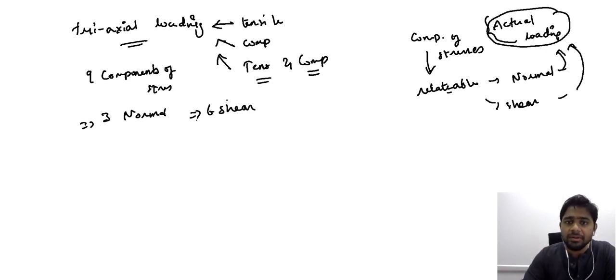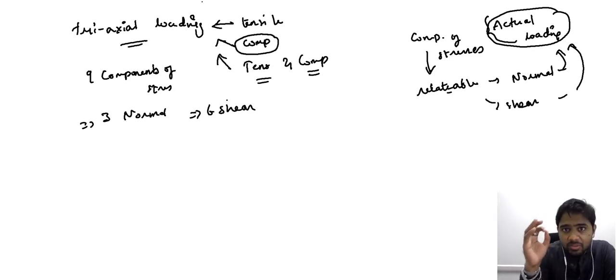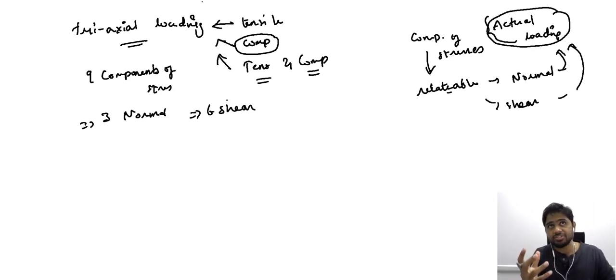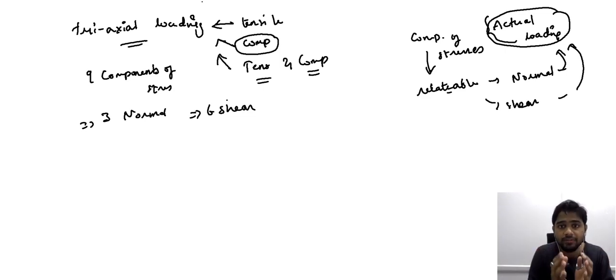Now, towards the end of the previous lecture, we began considering what allows us to include compressive stress as well in this loading condition, even though our discussion began exclusively with triaxial tensile loading. When we began looking into the different stress components required to describe the triaxial loading condition, we focused on tensile loading alone.